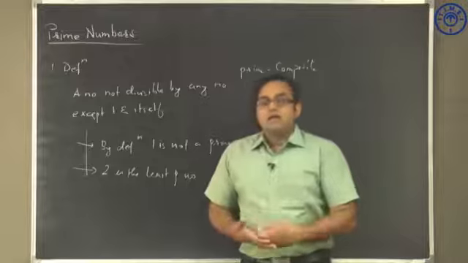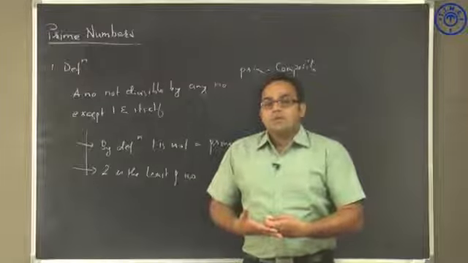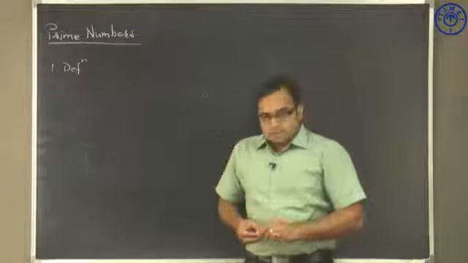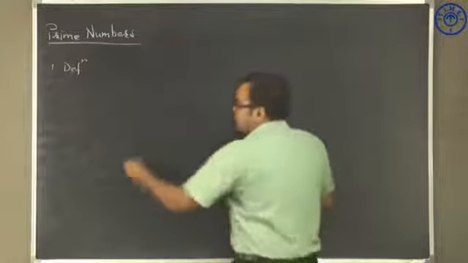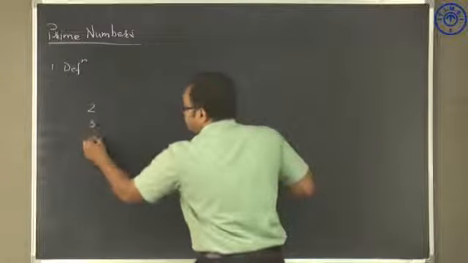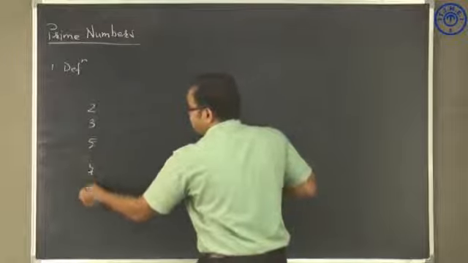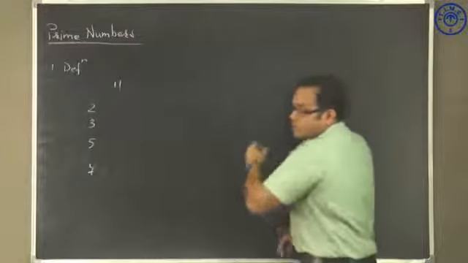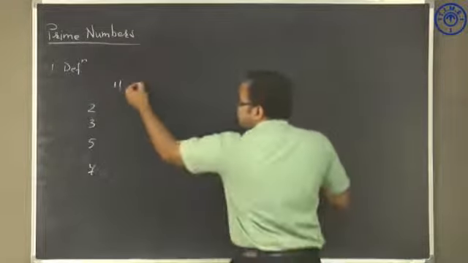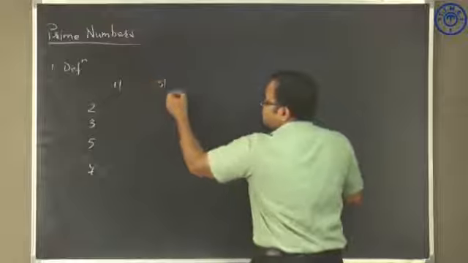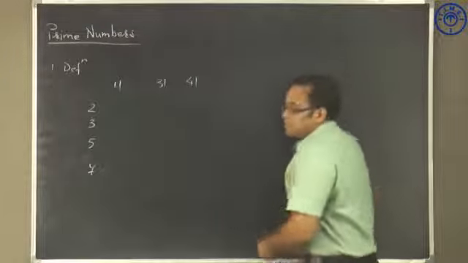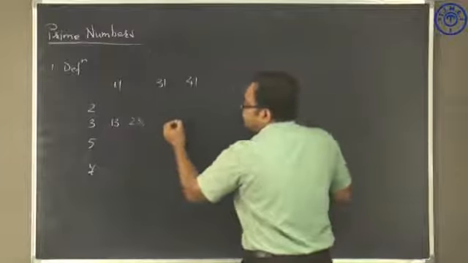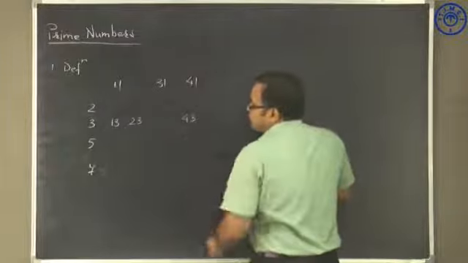Can we very quickly count the number of prime numbers from 1 to 50? Let us look at the number of prime numbers from 1 to 50. 2, 3, 5, 7, 11 would be a prime number. I will go horizontally, it would be easier. 11, 21 is not a prime number, 31 would be a prime number, 41 would be a prime number. 3, 13, 23, 33 would not be a prime number, 43 will be a prime number.